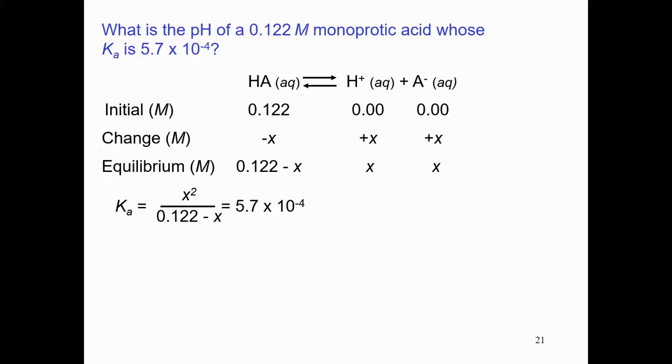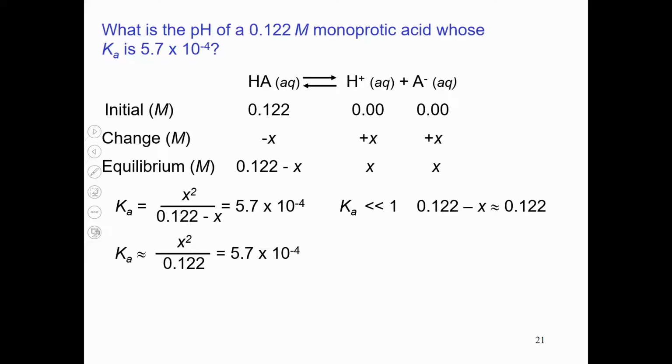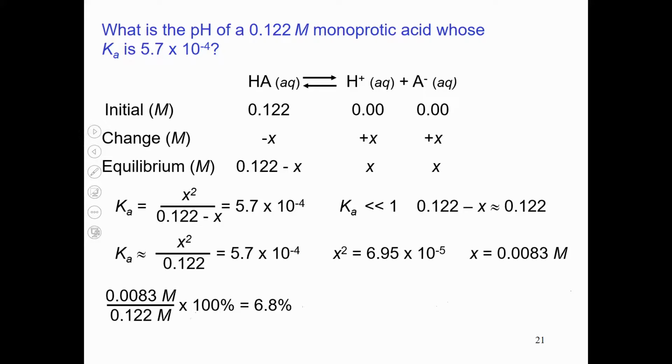We make the assumption that we drop the x, then our x is 0.0083, and a lot of you found 6.8%. That's more than 5%, so it's not okay to make that approximation, and you have to go back and do the quadratic.